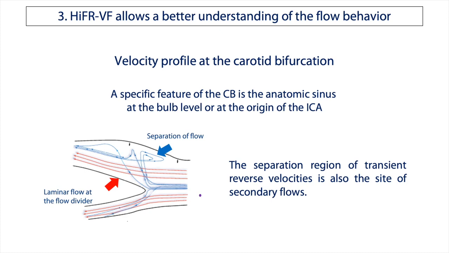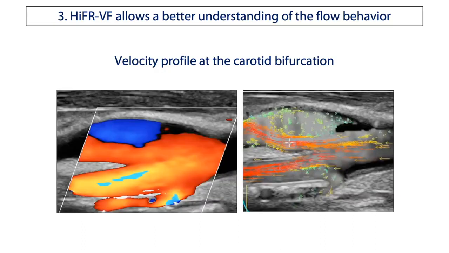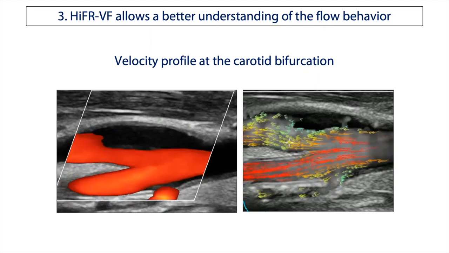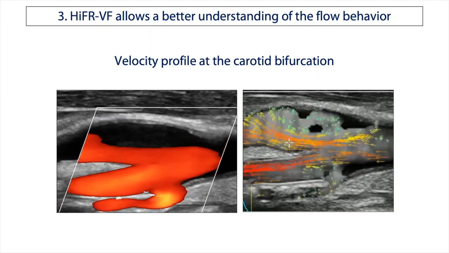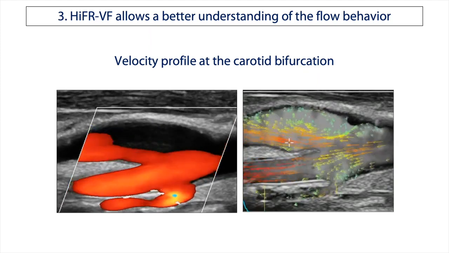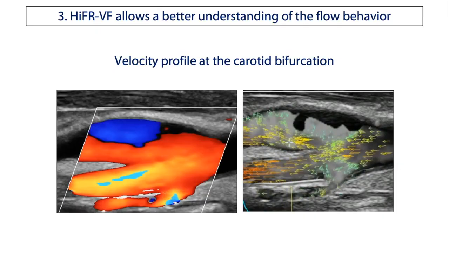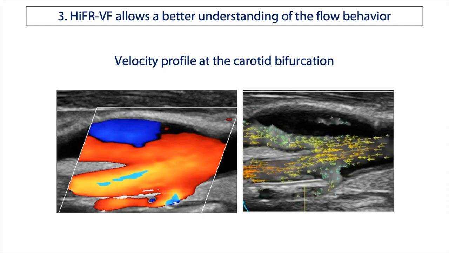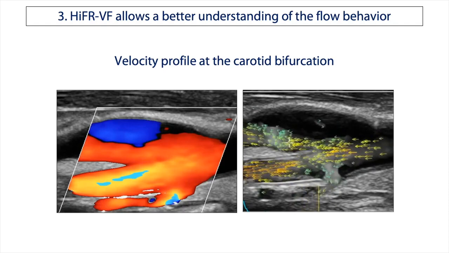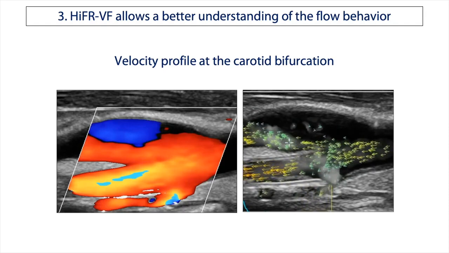On the outer side of the vessel, inside a separation zone, highlighted by the blue arrow, a secondary flow develops. Color Doppler highlights the separation zone in a basic blue color. V-flow, on the other hand, is able to depict the actual movement of the flow layers.